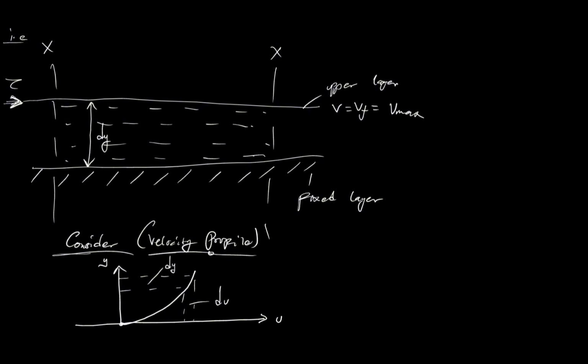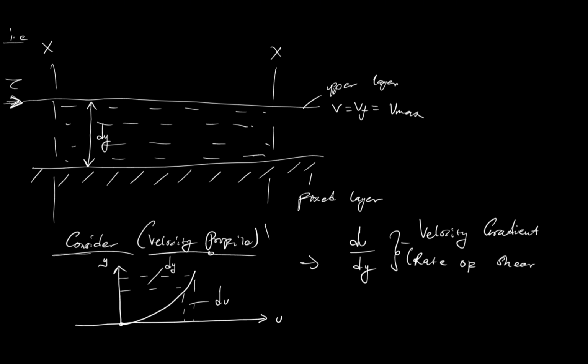So if we consider a small change in y and u, we end up getting the velocity gradient, which is du over dy. Other books can call it the rate of shear stress or shear deformation.